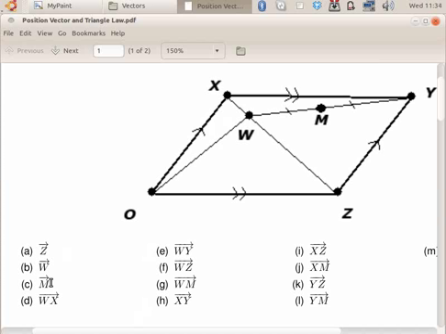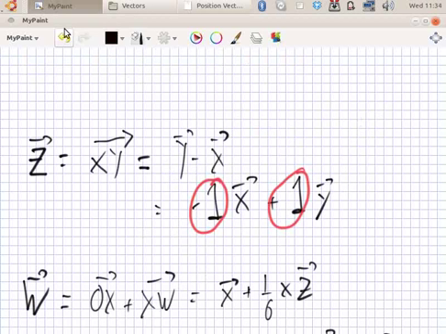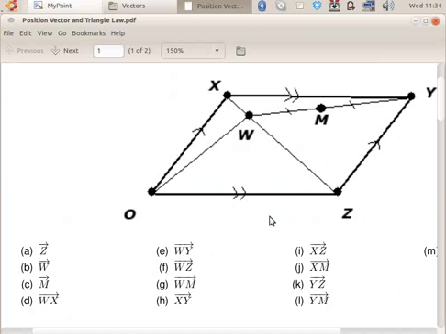So m next. How w is related to xw. Right, let me flick back here. The first example was z. And look at that OZ and XY on top. So OZ is identical to XY.